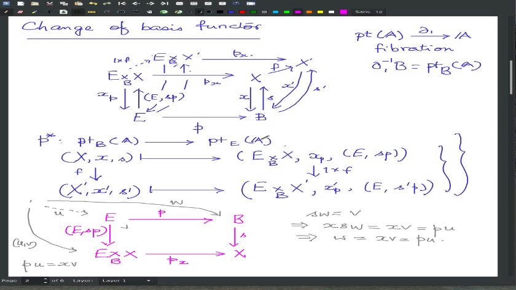So you can see, if P star has a left adjoint, right? So you see how things are getting connected. If P star has a left adjoint, then you are pretty sure that this change of base will also have a right adjoint, so it would preserve finite limits in particular.